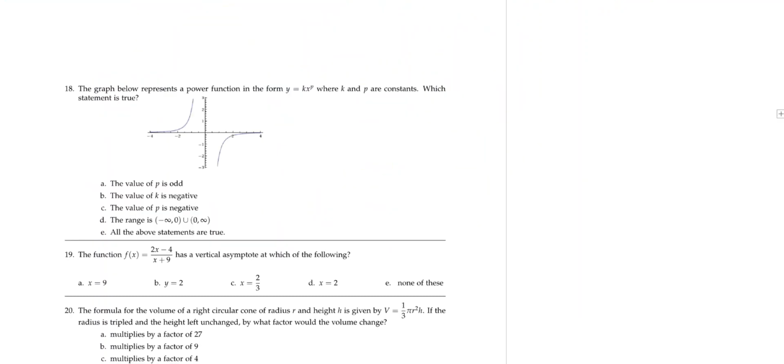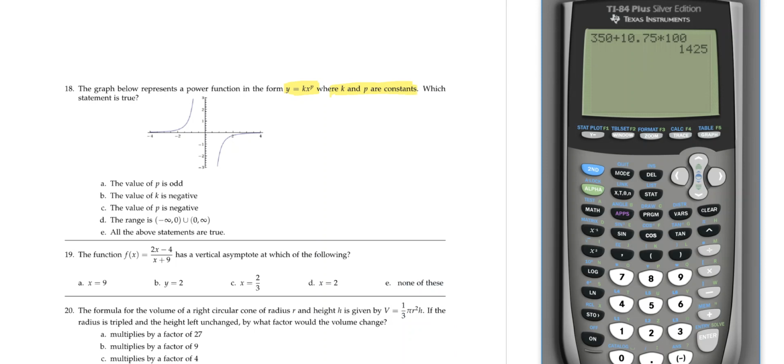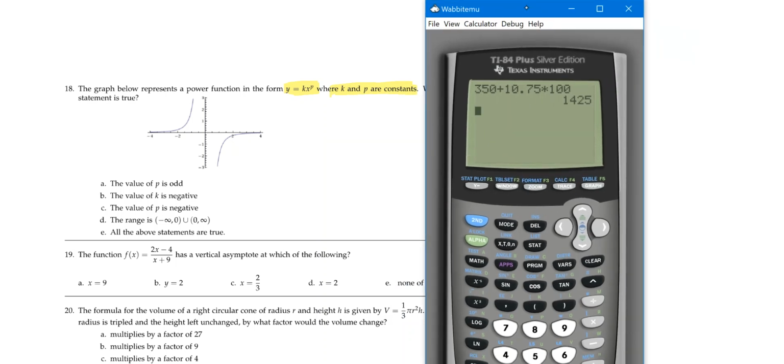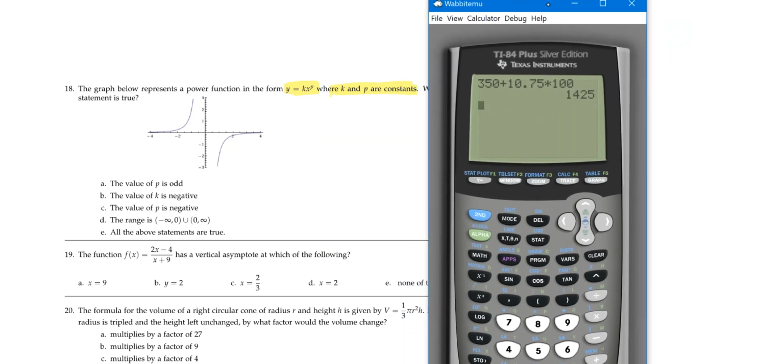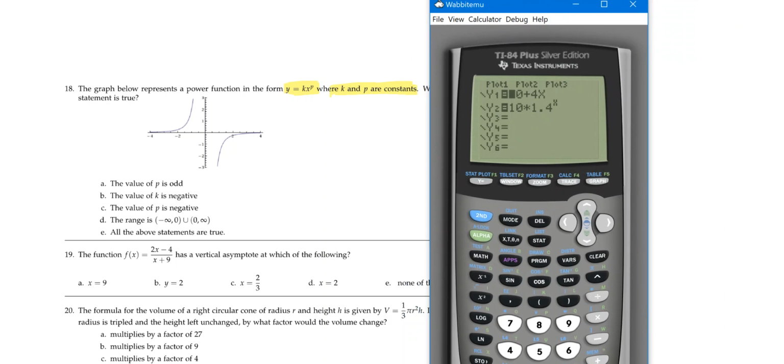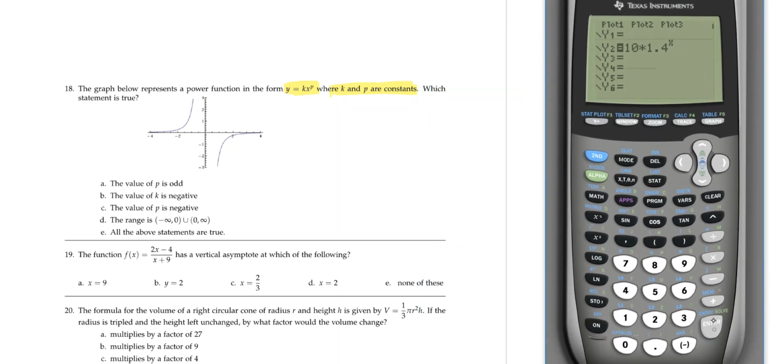Which is true about this power function? For these ones, you don't really have to remember the shapes. You're just going to play around if you don't remember them. Obviously I remember the shapes, but let's pretend that I don't. So I'm going to go into Y and clear this.